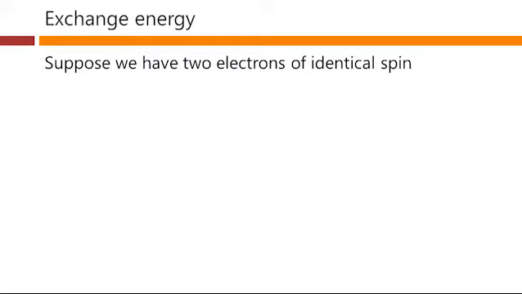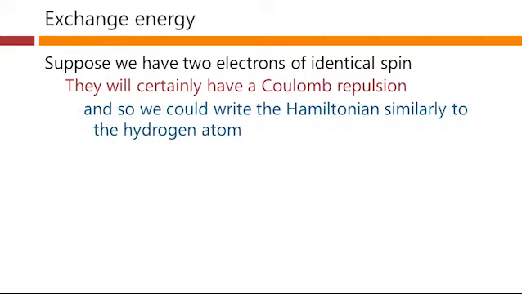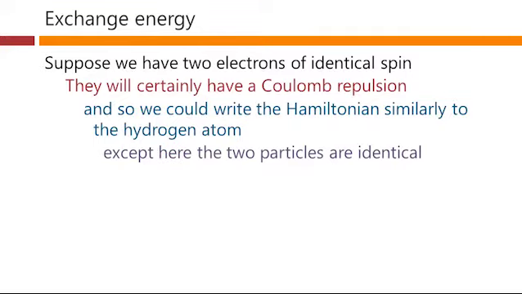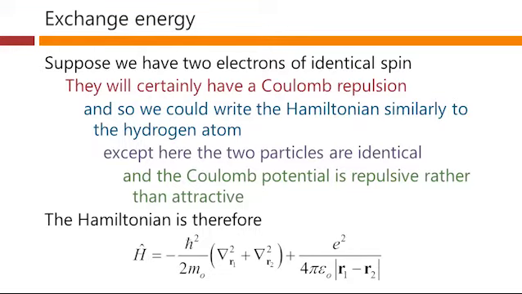Suppose we have two electrons of identical spin. They will certainly have a Coulomb repulsion. And so we could write the Hamiltonian similarly to how we wrote the one for the hydrogen atom, except here the two particles are identical, and the Coulomb potential is repulsive rather than the attraction we saw between an electron and a proton in the hydrogen atom.